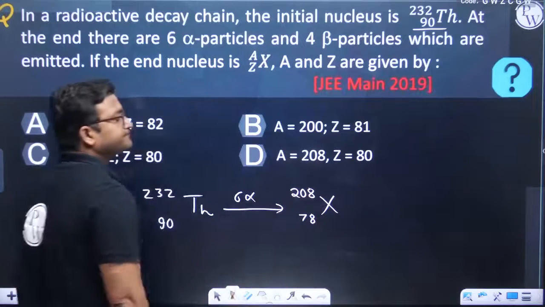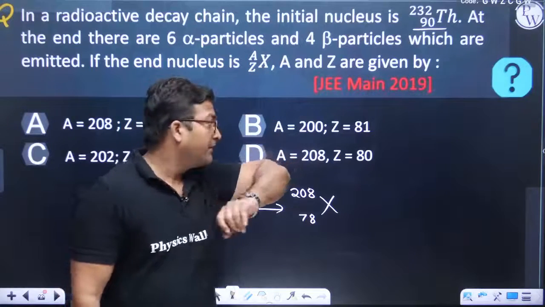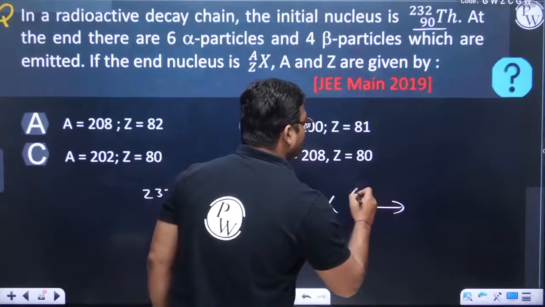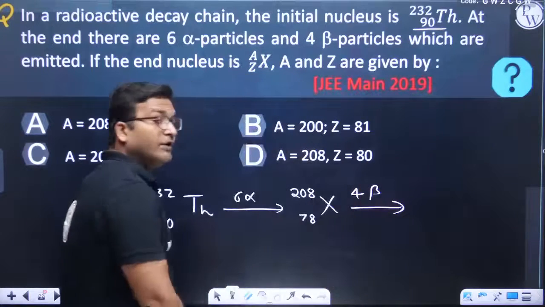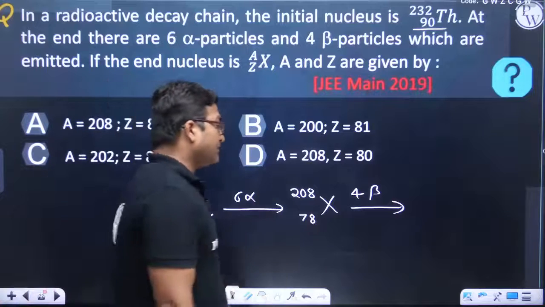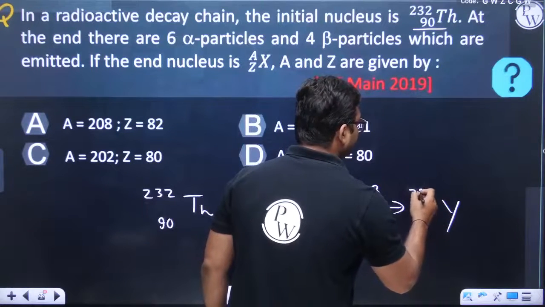208. But as there are 4 beta particles also emitted, so if this further emits 4 beta particles, when beta particles are emitted, there is no change in mass number. So mass number is still the same. With Y, mass number is same, 208.